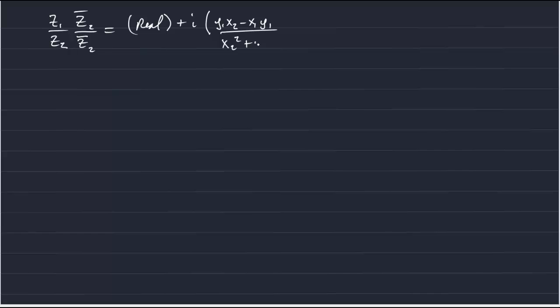So again, z1 over z2 times the complex conjugate of z2 over the complex conjugate equals a real part, which I wrote down in the last slide, plus an imaginary part, which is y1 x2 minus x1 y2 all over x2 squared plus y2 squared.